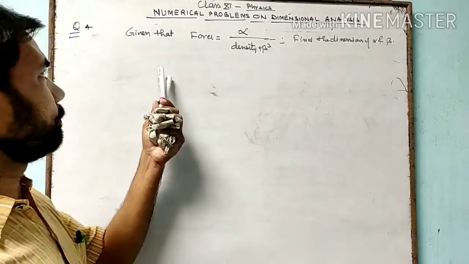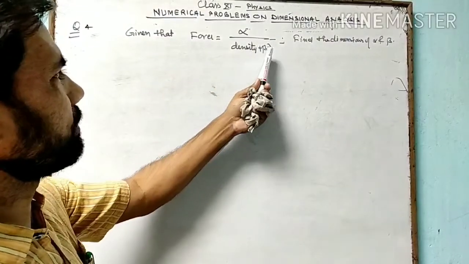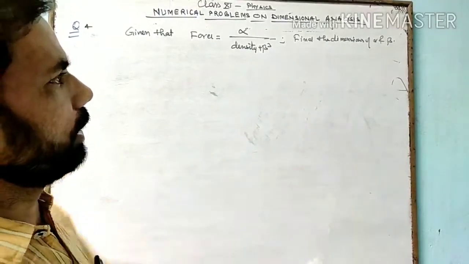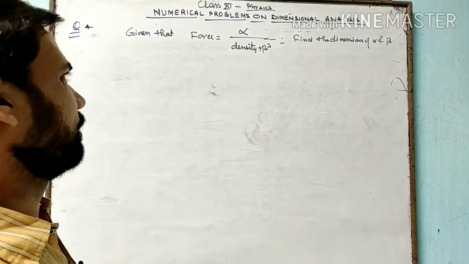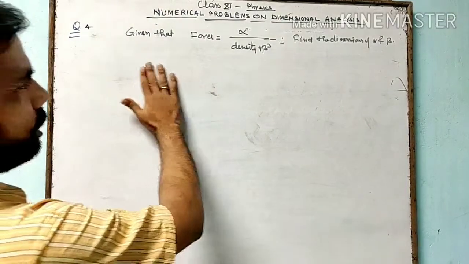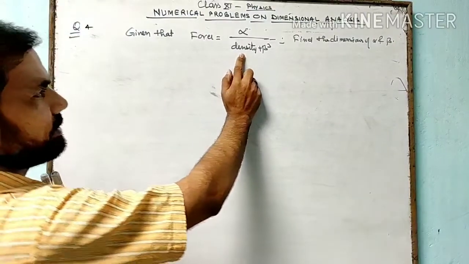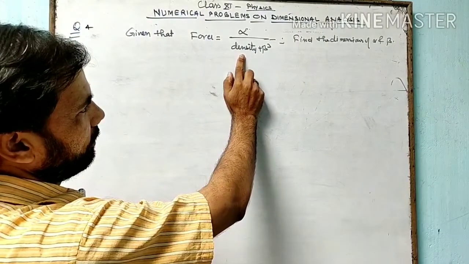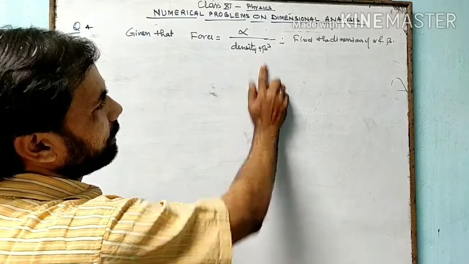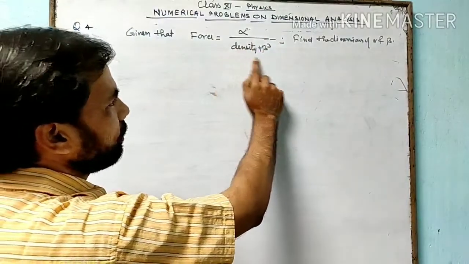Let us take the fourth problem. Given that force is equal to alpha upon density plus beta cube, find out the dimension of alpha and beta. If you apply the principle of homogeneity, you will find that the term density in the denominator is added with beta cube. So beta cube naturally has the dimension of density.